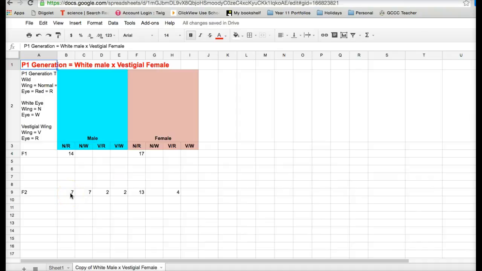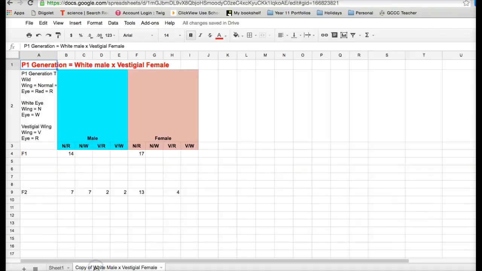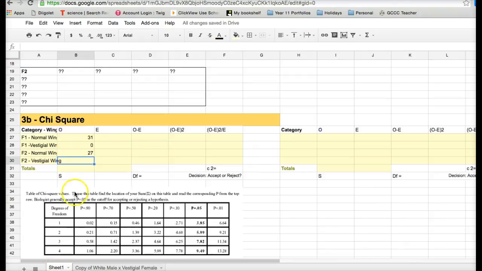For normal wings here we had 14 there, 13 there, and vestigial I had 4 and 4. That's 14 plus 13, wasn't it? And vestigial equaled 4 plus 4, which was 8.